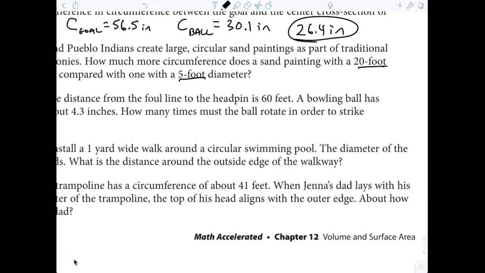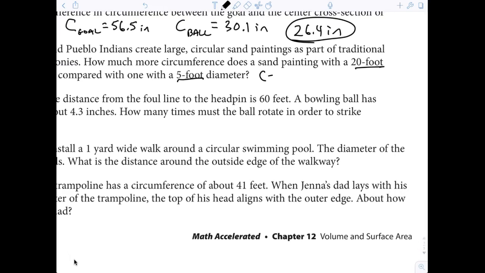So the first one is 62.8 feet. All right, and then the second one. 47.1 feet. Very, very nice.